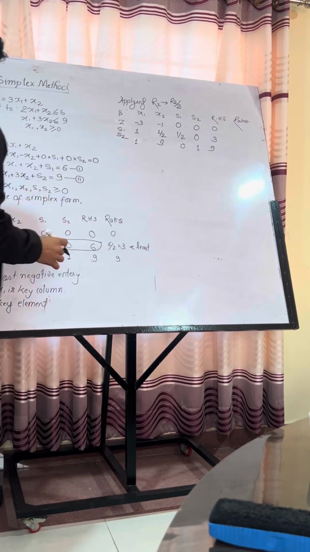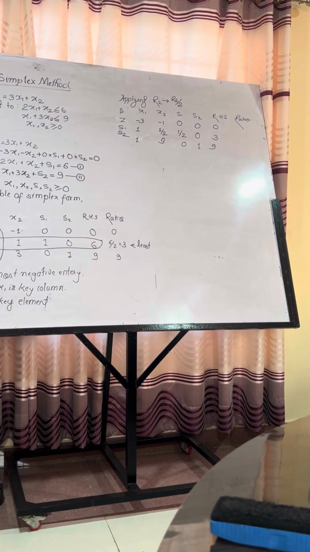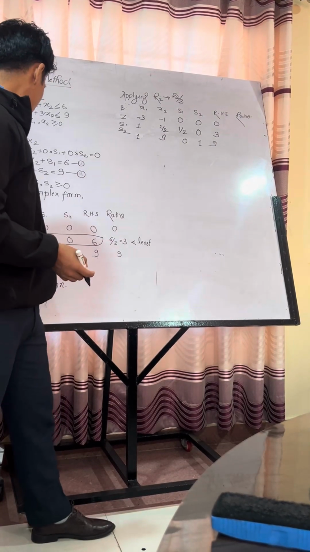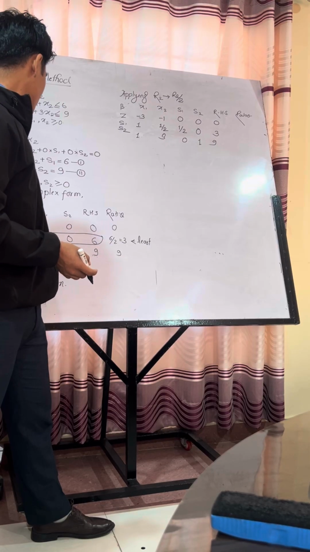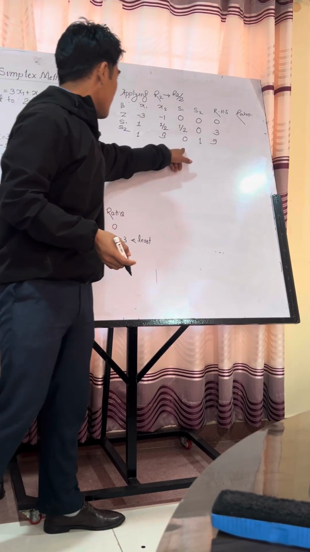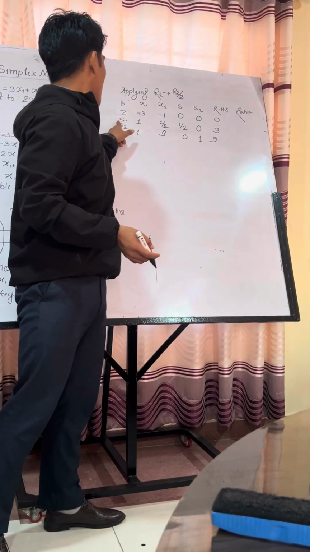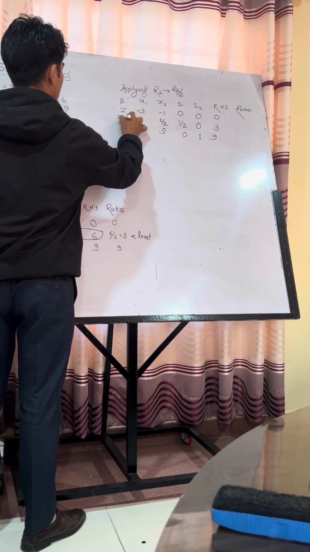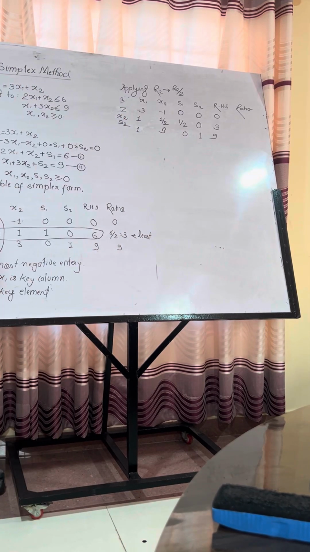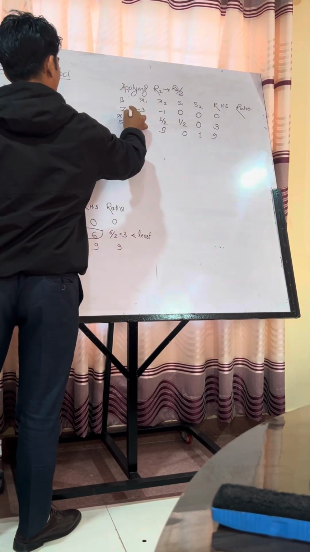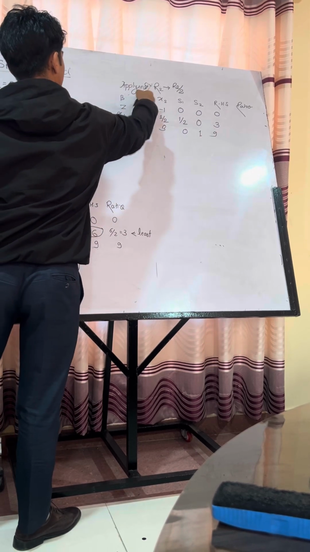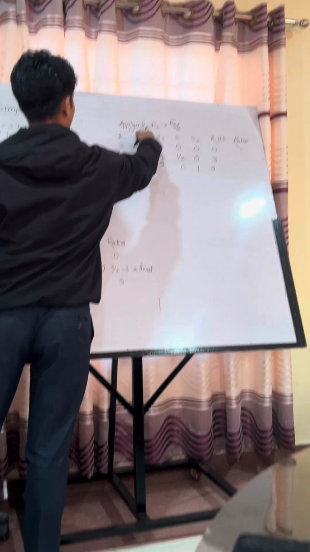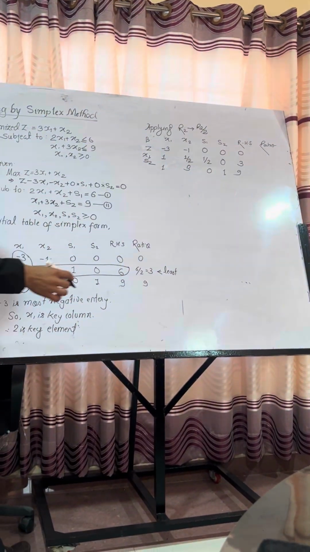Now look at the RHS: there is a change in the S1 row. So this will be your X2 row, because S1 is the leaving variable and X1 is the entering variable.